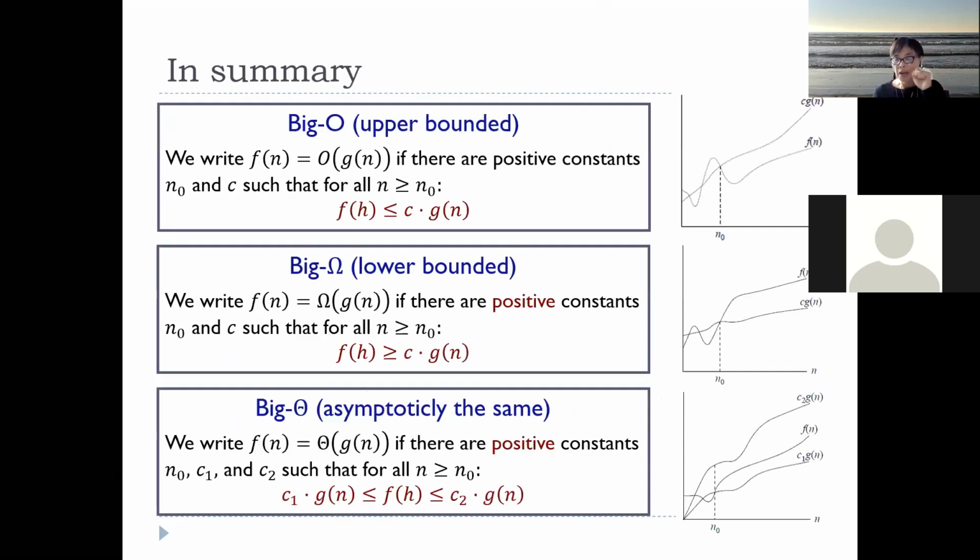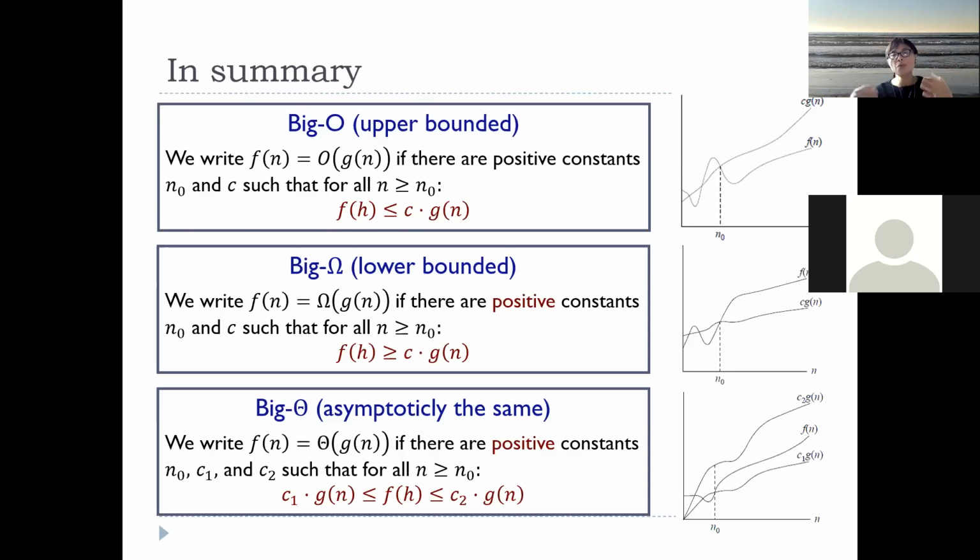Okay, so let me just summarize this part. What we saw here is that the big O, big omega, and the big theta are all precise language for us to be able to compare time complexity functions. In the future, in this class, these functions f of n, g of n are going to be the time complexity of our algorithms.